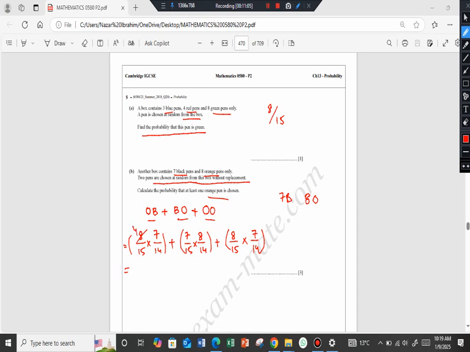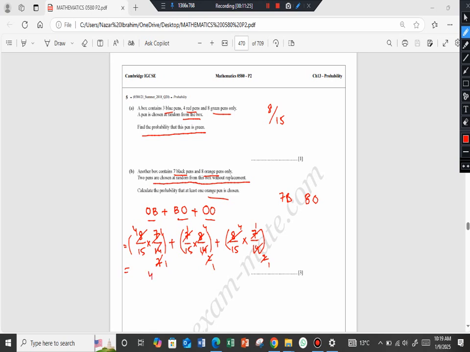Now solving this. 2 4s are 8, 2 7s are 14. 7 1s are 7, 7 2s are 14. 2 1s are 2, 2 4s are 8.